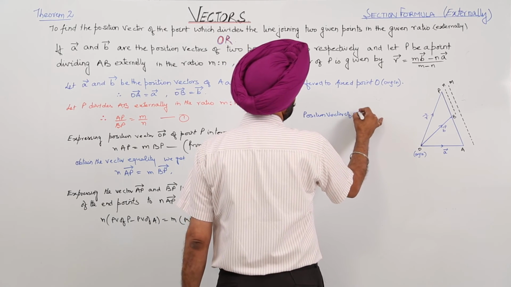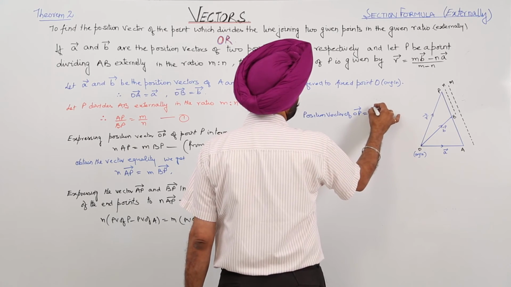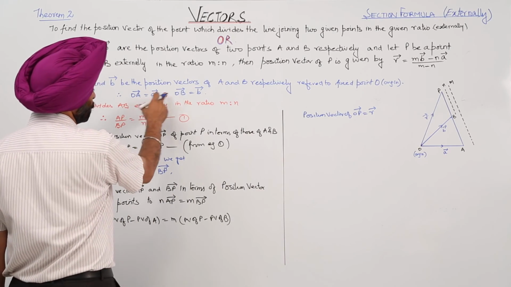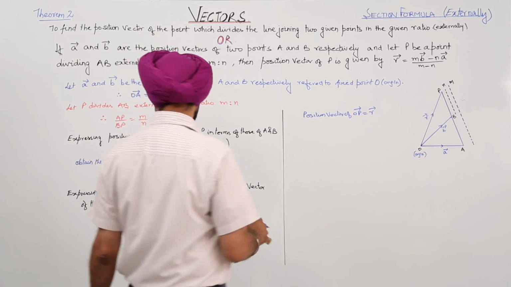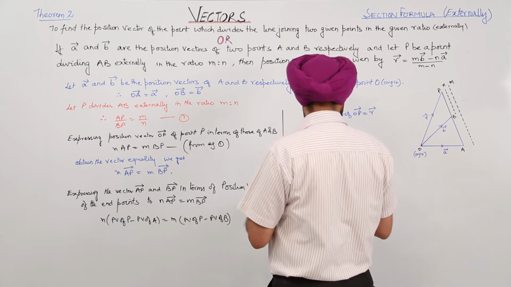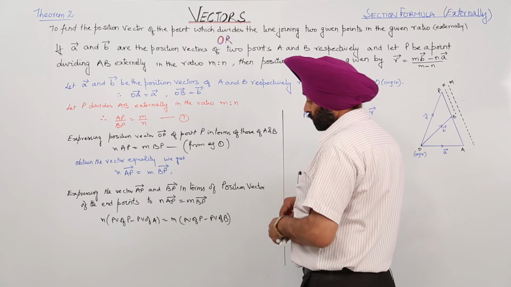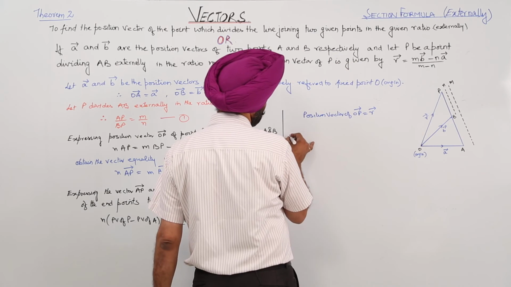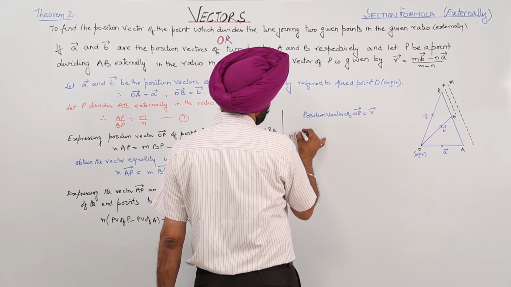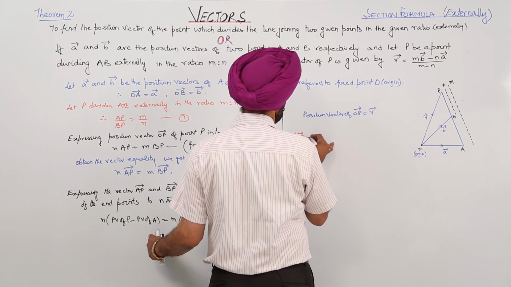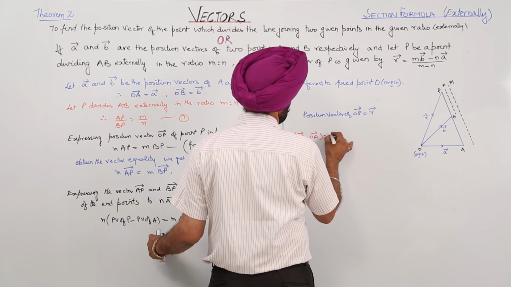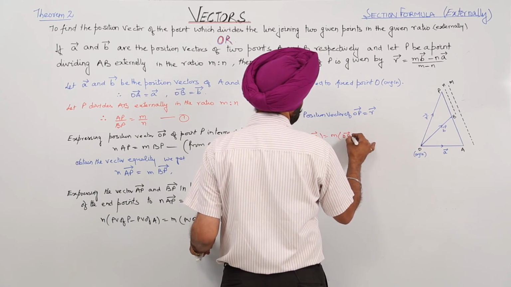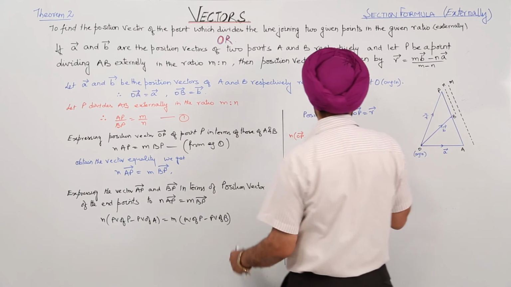Now, position vector OP is represented by vector R, position vector OA by vector A and OB by vector B. So, putting the values here, what are we getting? n times position vector of P, n times OP minus OA, is equal to m times position vector of P, that is OP, minus position vector of B, that is OB.